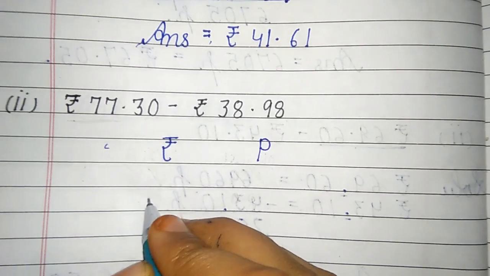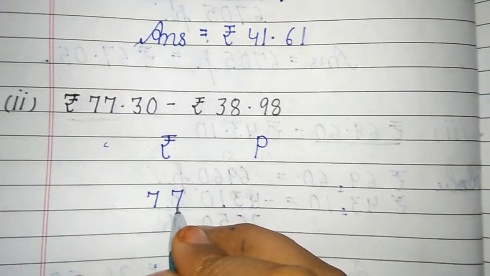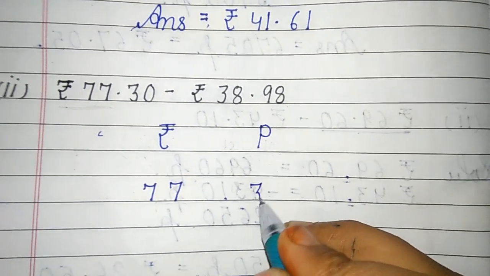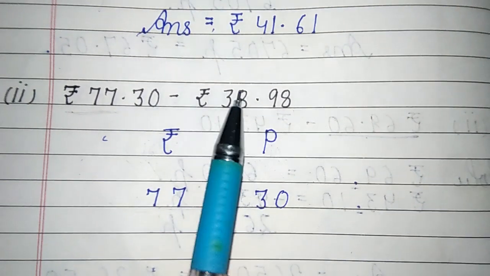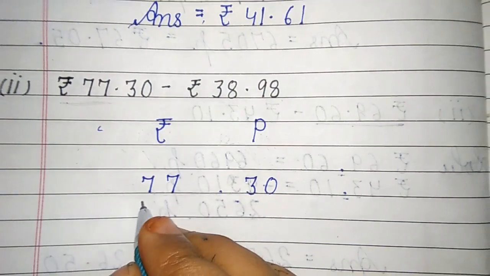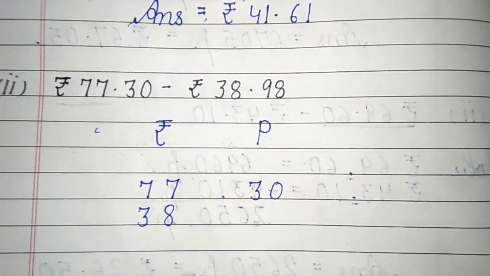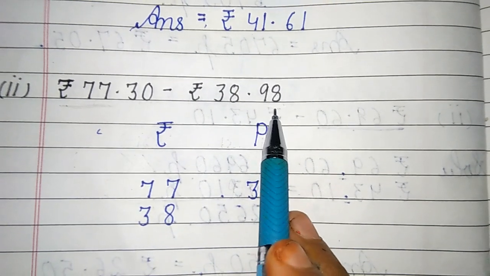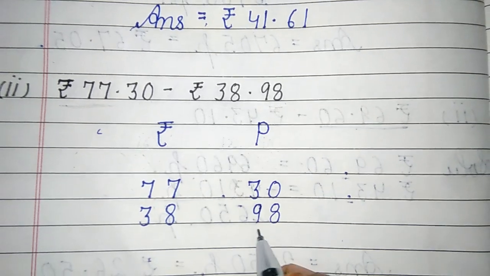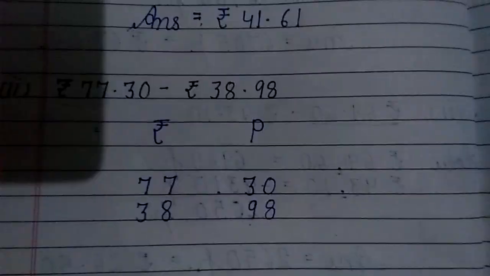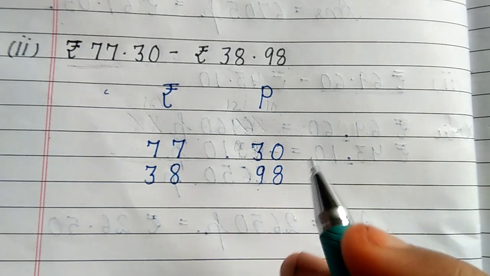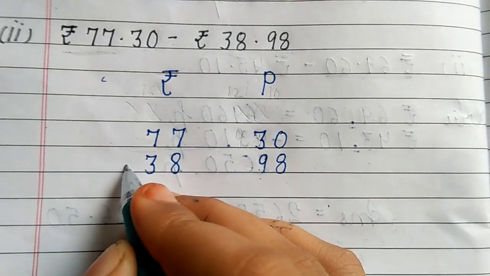So write here 77. How much paise? 30. So write here 30. In the second amount, how much rupees? 38. So write here 38. And how much paise? 98. So we have to write 98. Okay. Let's subtract.